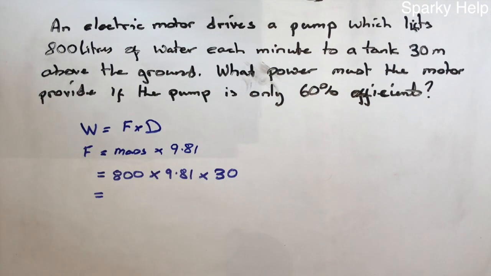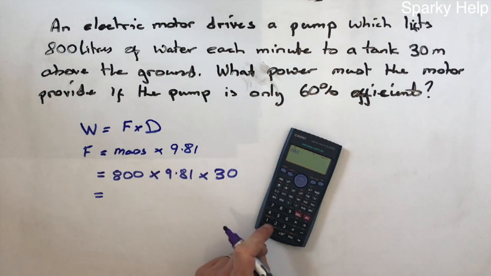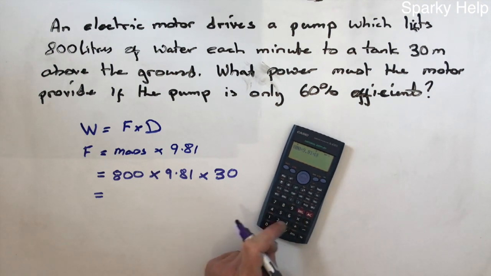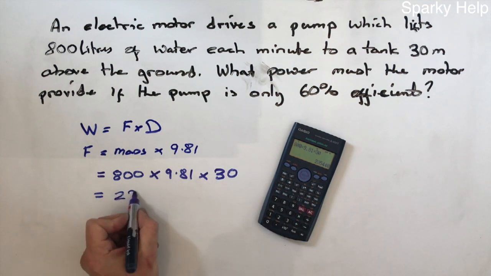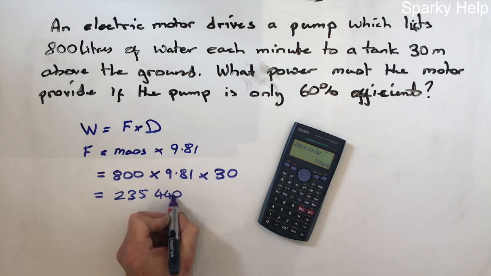So if we do that as a calculation, that's 800 times 9.81 times 30, which is the distance, that gives us 235,440.